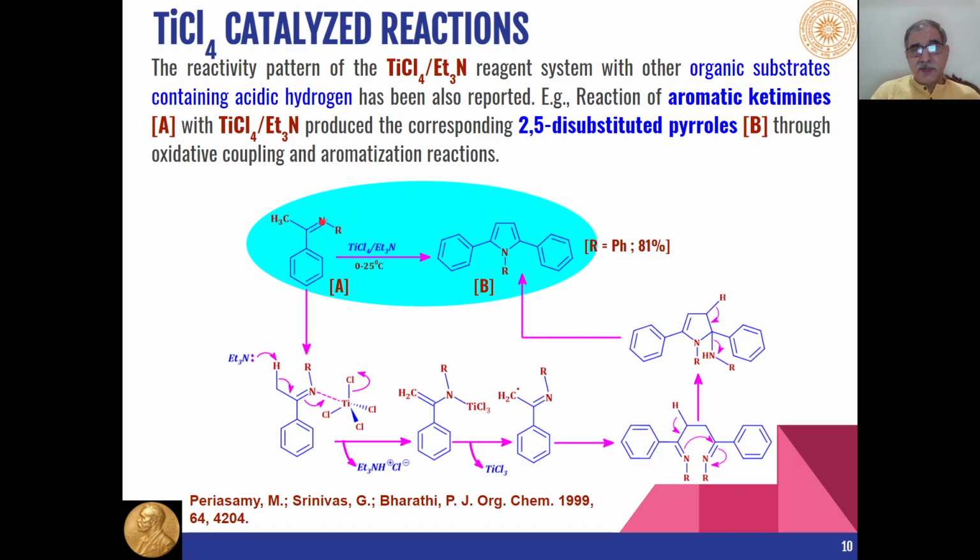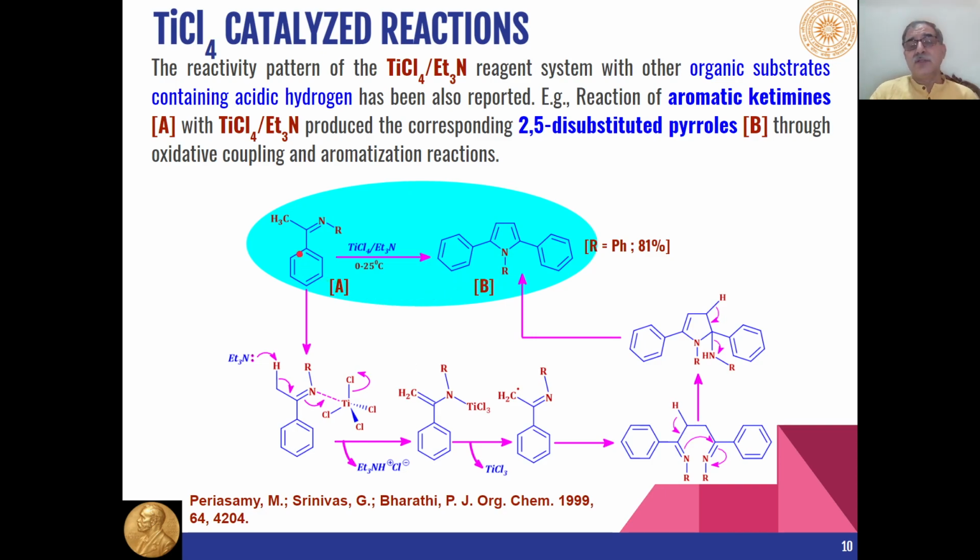So because of the presence of this carbon nitrogen double bond, the hydrogens present on this carbon are acidic hydrogens. And in the presence of such acidic hydrogens, these types of Schiff bases give us heterocyclic products like pyrroles in 81% yield, when the R is also a phenyl group.